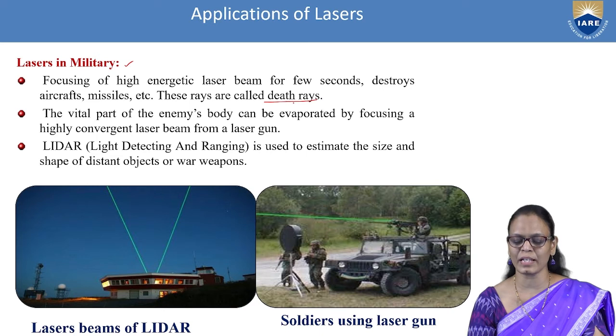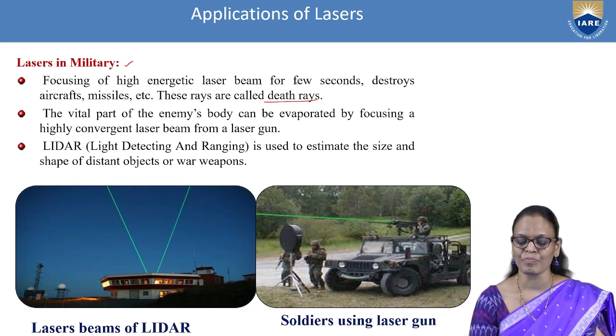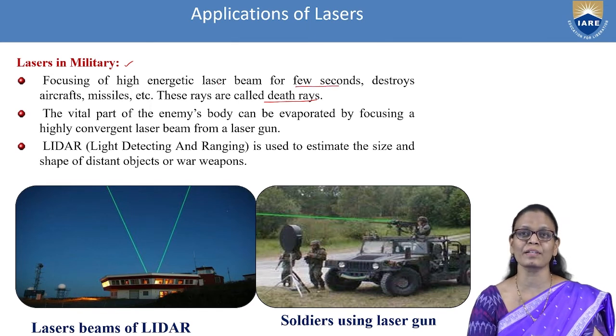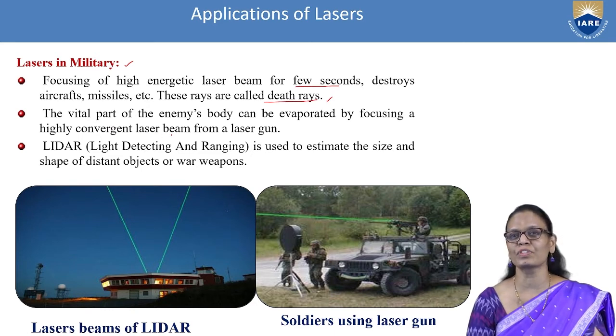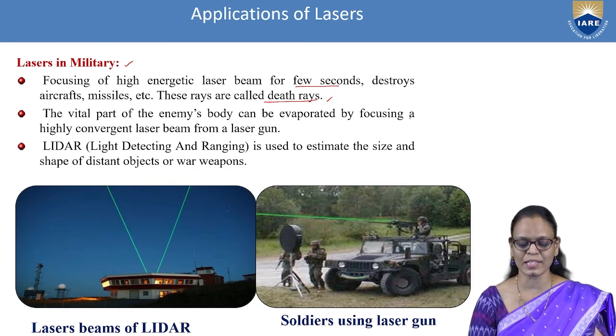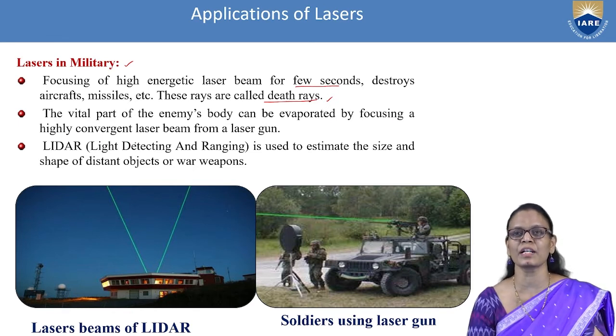So these high powered laser beams, which when subjected for a few seconds can destroy them, we are calling them death rays. And also the vital part of the enemy's body can be evaporated by focusing a highly convergent laser beam from a laser gun.